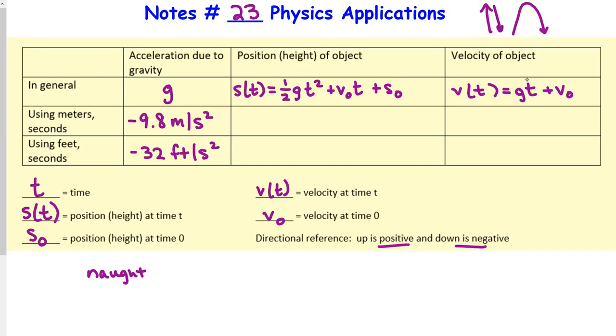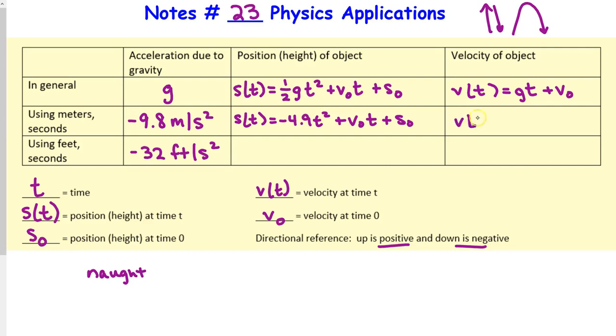So therefore, if we're working with meters and seconds, the position in meters is going to be S of t equals negative 4.9 t squared plus v naught t plus s naught. See, I took half of negative 9.8, and that's where we got negative 4.9.